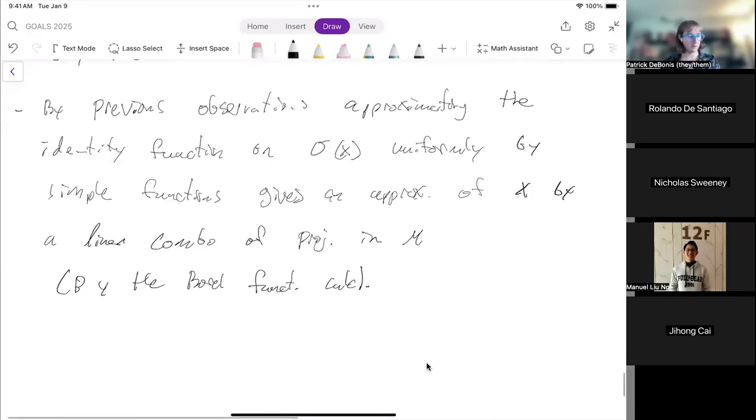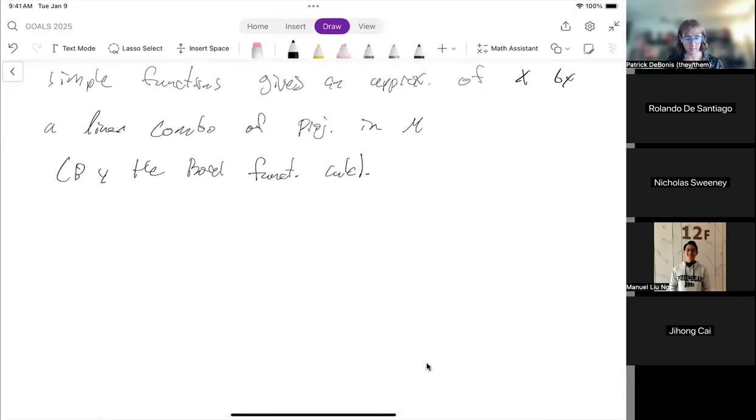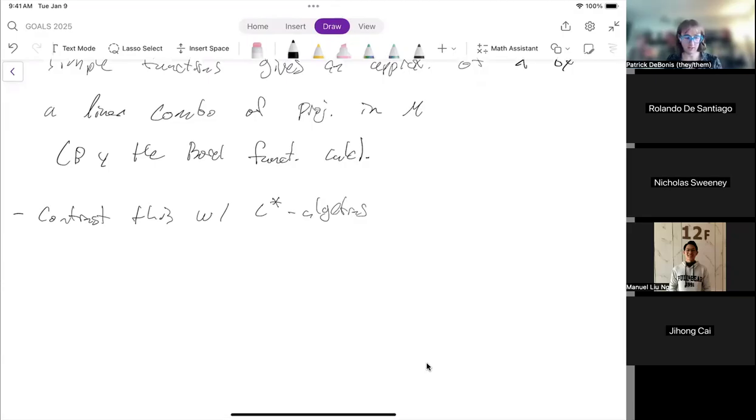It should be contrasted with C star algebras, which are more general and do not have to have this property. There are lots of C star algebras with no non-trivial projections.